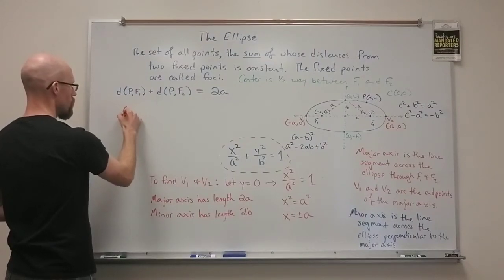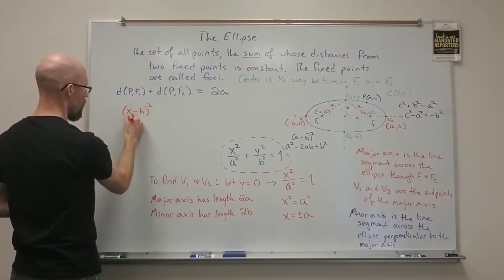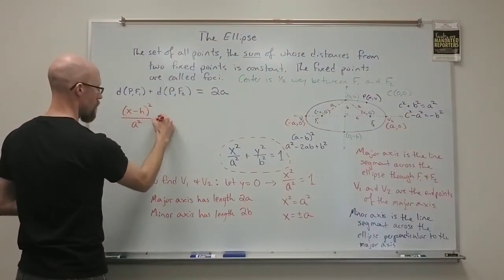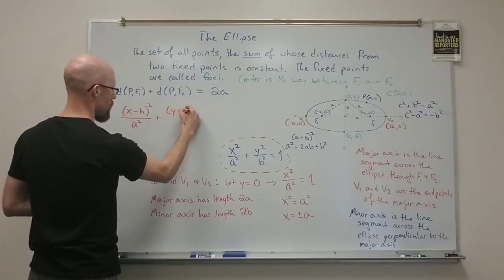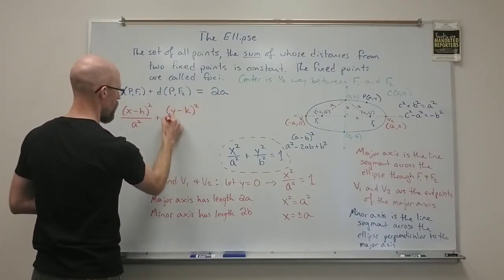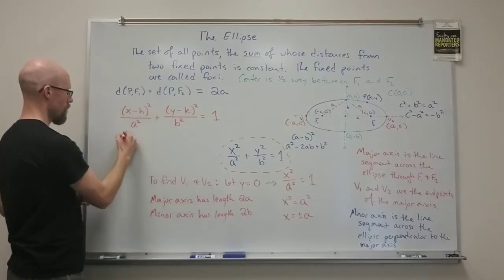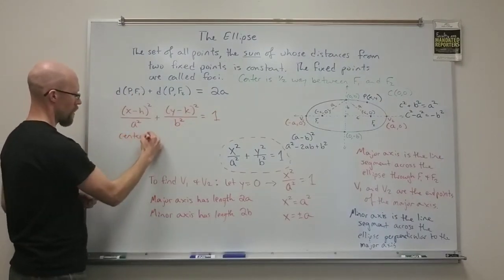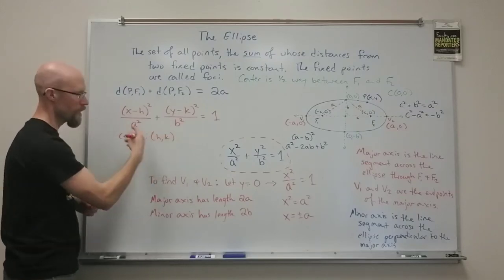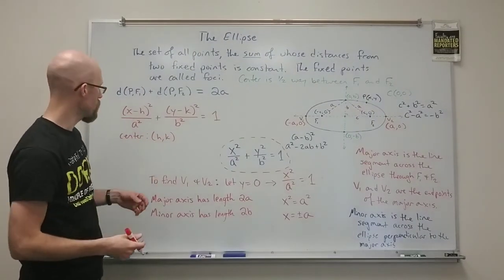And so in general, you would have x minus h squared over a squared plus y minus k squared over b squared equals 1. The center, again, is going to be at h comma k in this example. That gives us our two shifts.